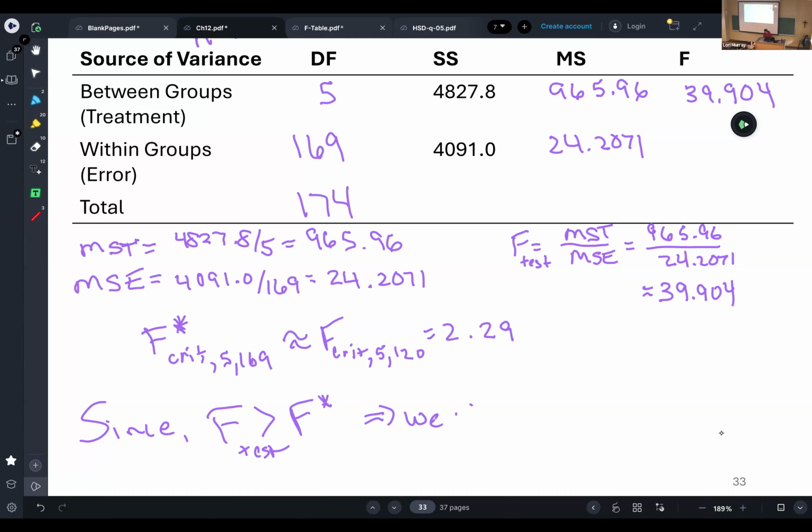We're going to reject the null hypothesis and conclude that at least 2 means are different. So that means at least 2 continents' life expectancies are different.